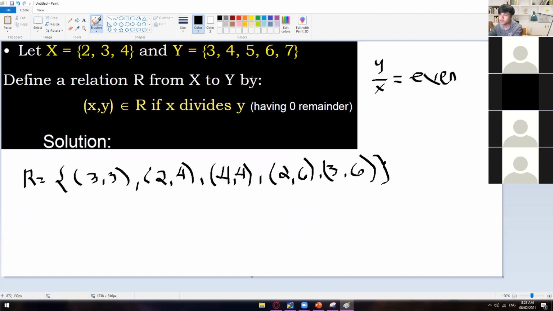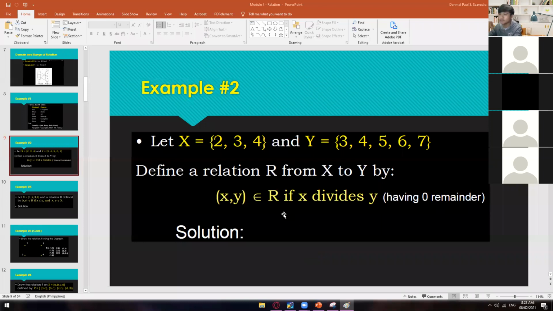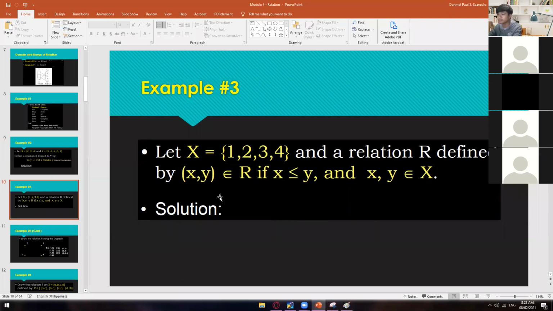All right. So again, the first thing that you need to look at is this arrangement of your coordinates: x first, followed by the y, and then whatever is the second condition, wherein we have here y divided by x having a 0 remainder. All right. So let's now move on to example number 3.